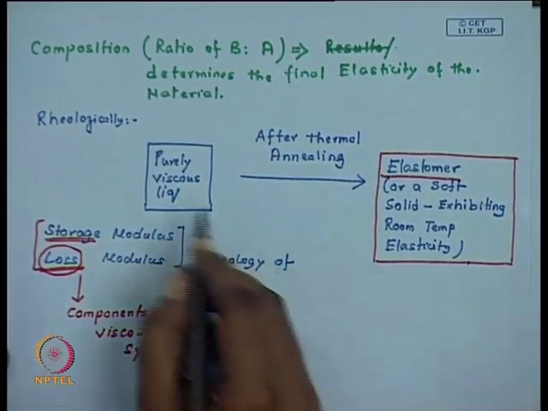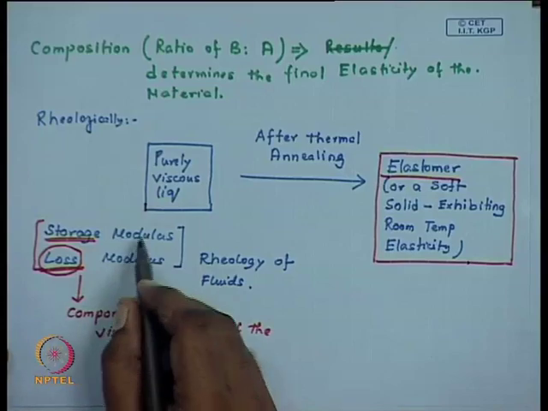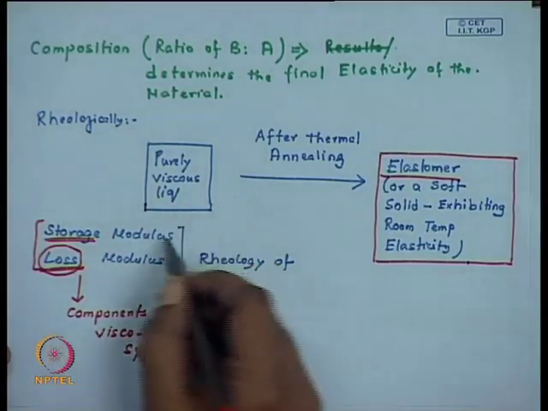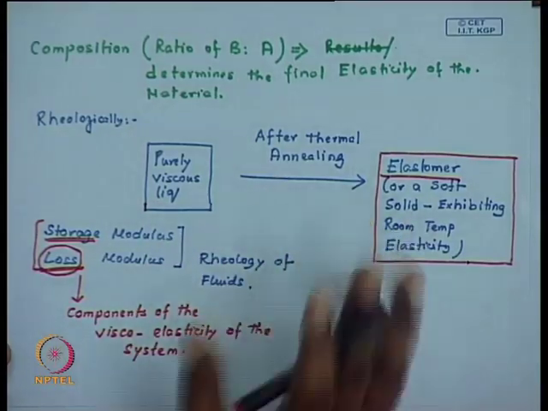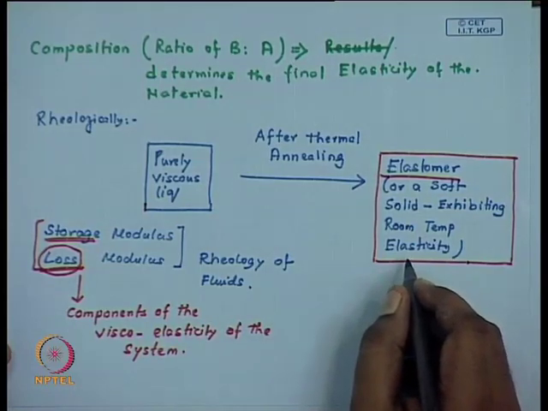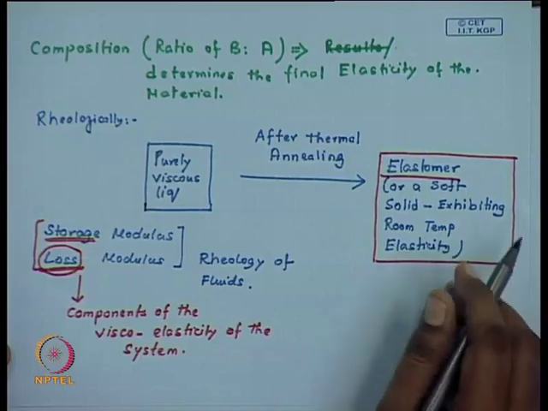In other words, there is a significant transformation of the loss and storage modulus of the material. Initially the loss modulus is high, and the storage modulus is negligible. Once the thermal annealing is achieved, the storage modulus is higher than the loss modulus, or it is predominantly elastic.